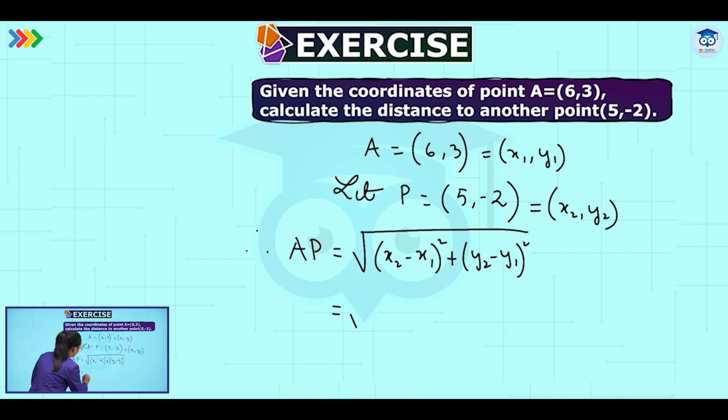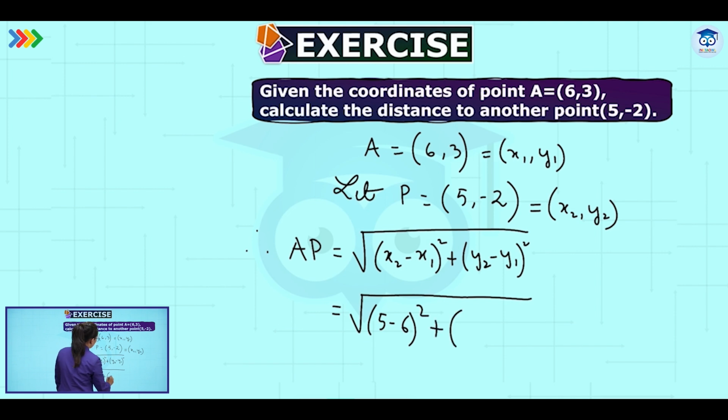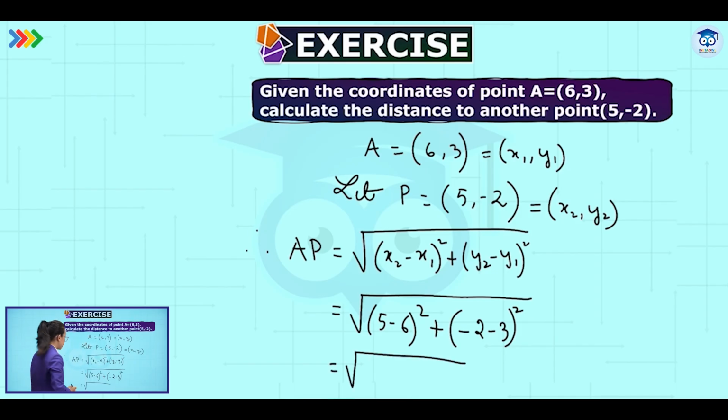So we have the square root of 5 minus 6 whole square plus minus 2 minus 3 whole square. This is minus 1 whole square, which is 1, plus 5 squared, the minus is ignored when we square it, so 25. So the answer is root 26. This is how we calculate the distance between any 2 points using the distance formula.